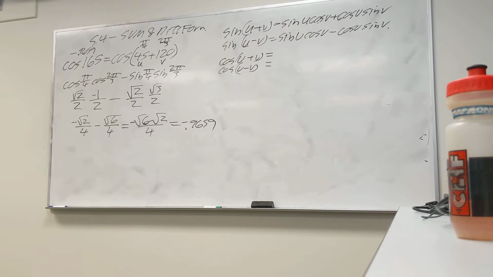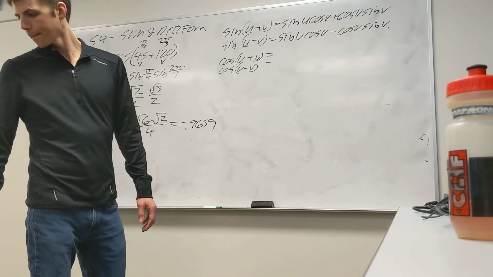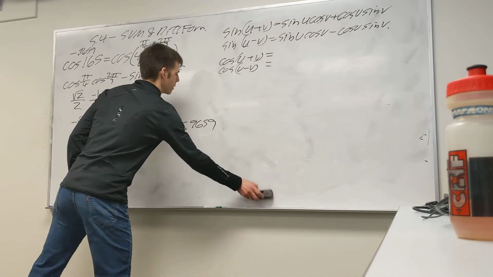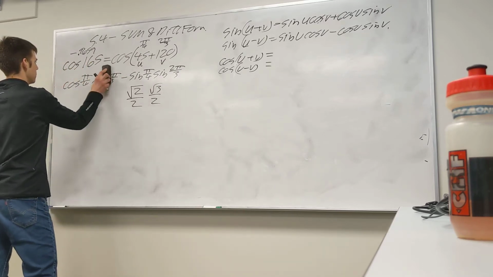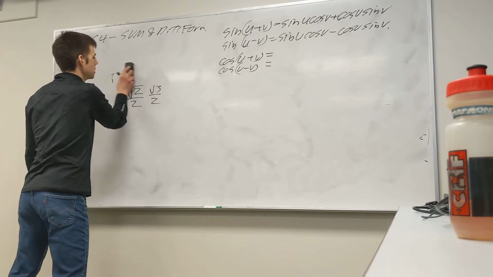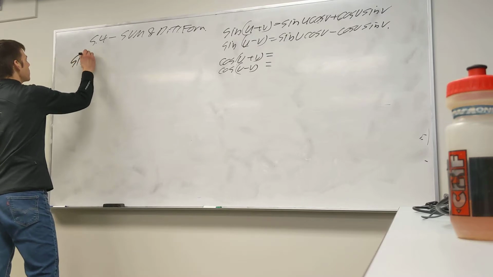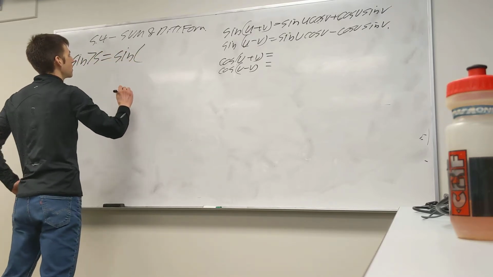Okay. So let's do another one of those. Everybody's got that? Sine of 75. Off the top of your head, sine of 75. No? Nobody knows? That's right. Sine of 75 can be written as the sine of 30 and 45.